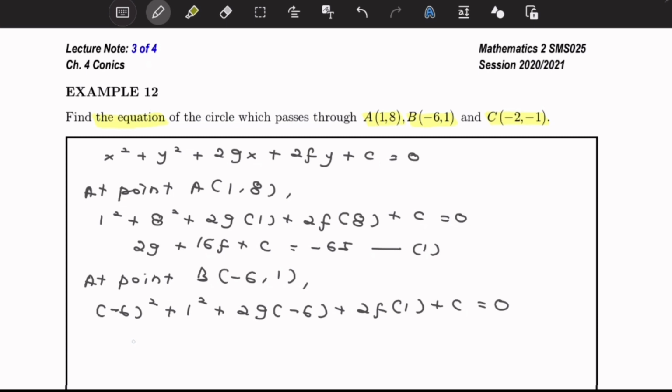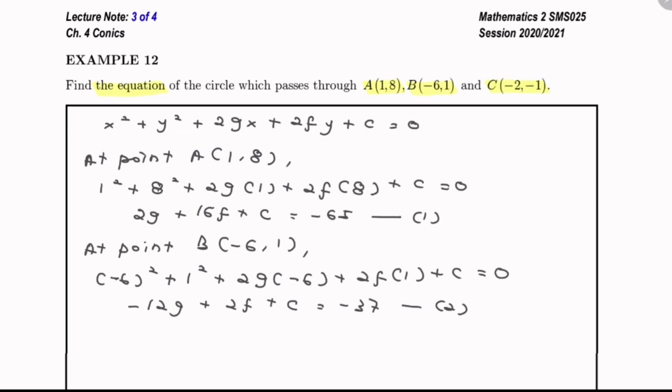So we will have -12g + 2f + c = -37 as our second equation.